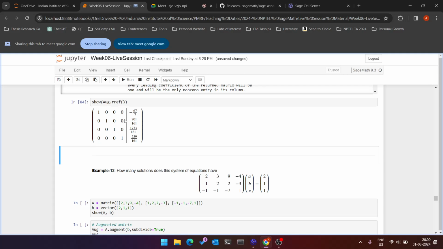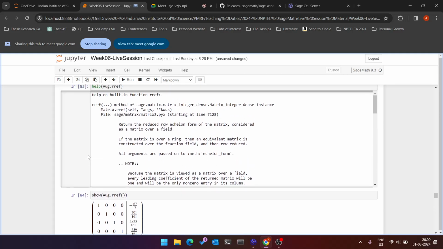Right. So this directly gives me the solution for the variables a, b, c, and d respectively: minus 67 by 7, 701 by 161, 1773 by 161, and d being 559 by 161. This is what I get.